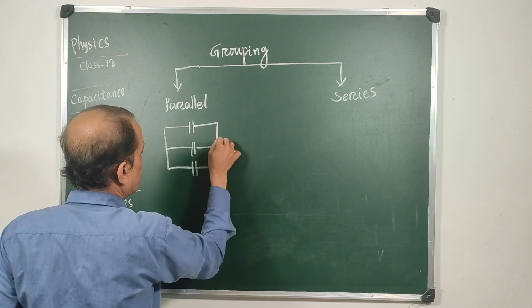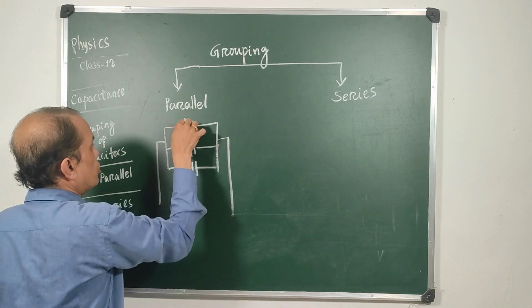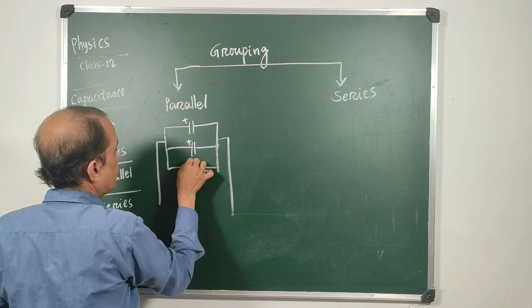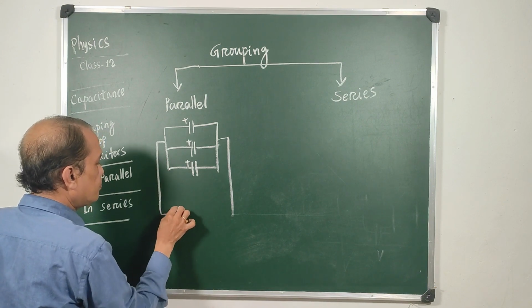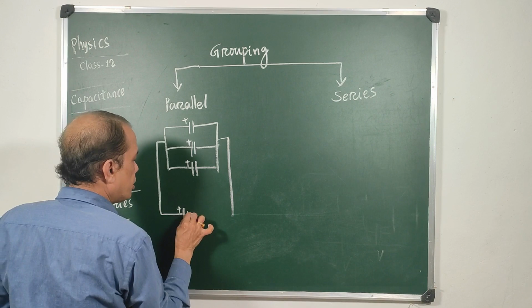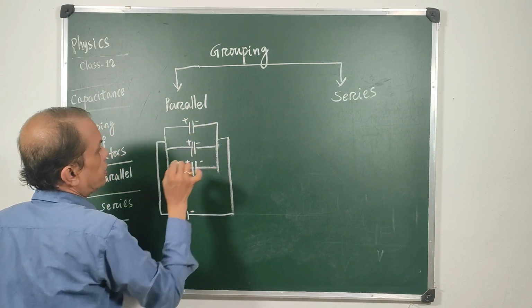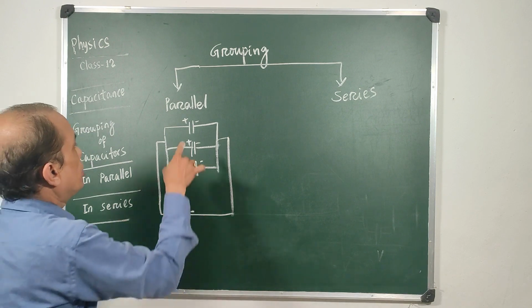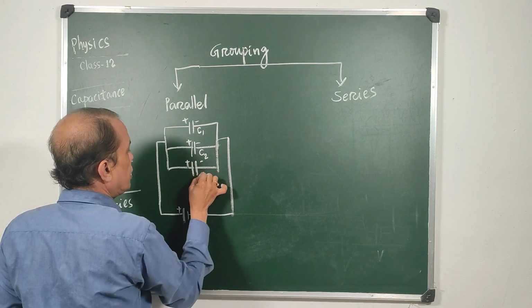We have three capacitors, suppose, and we are connecting the positive terminal of each capacitor to the positive terminal, and the negative terminal is connected to all the negative ends of the capacitors. This is called parallel combination. Each capacitor has a different capacitance, say C1, C2 and C3.